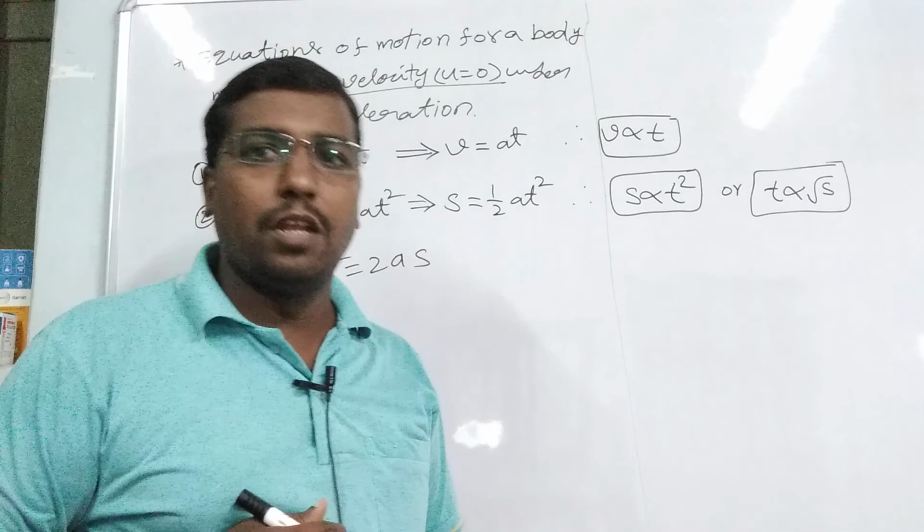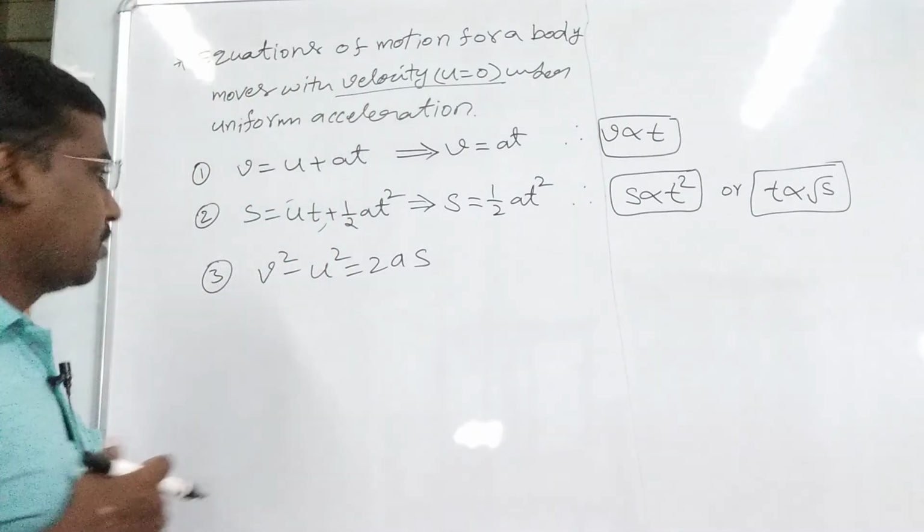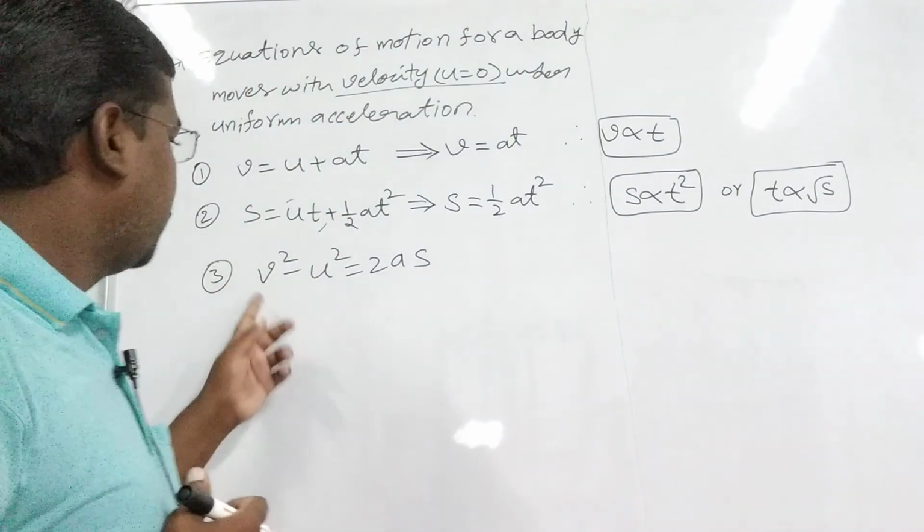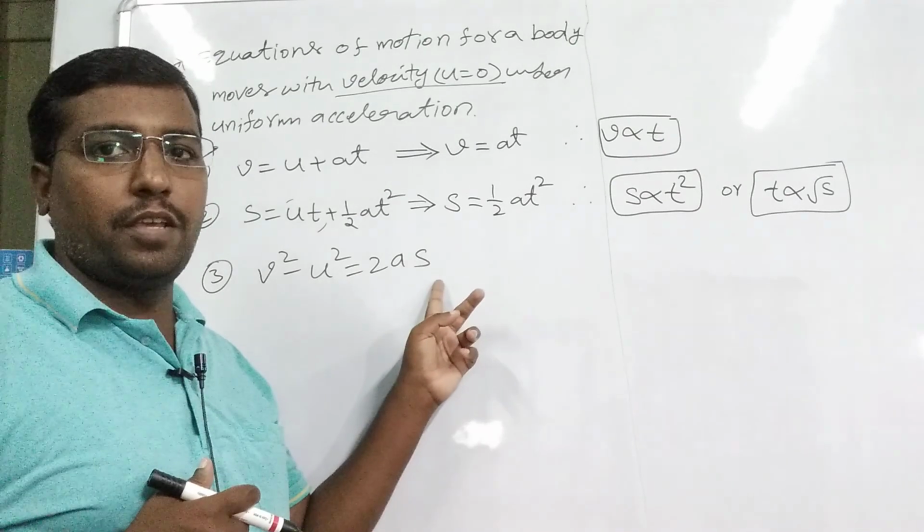Students, now we take the third, v square minus u square equal to 2as.